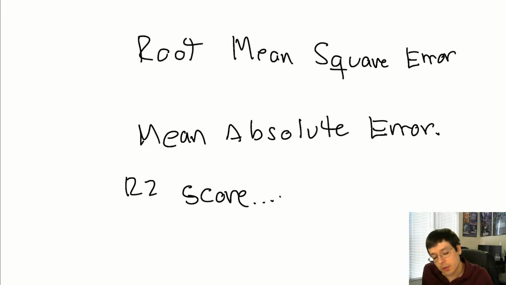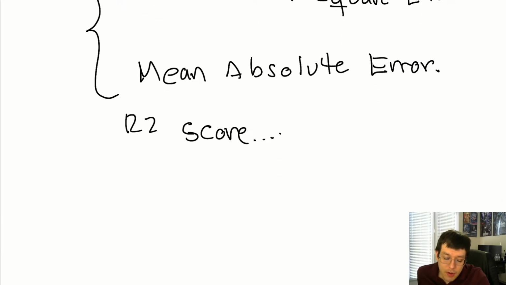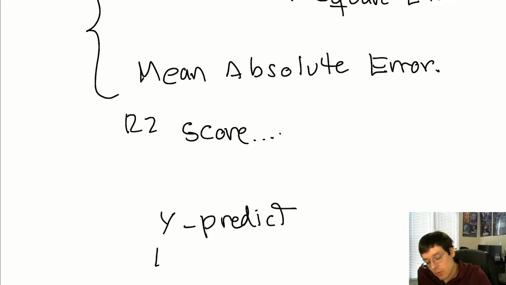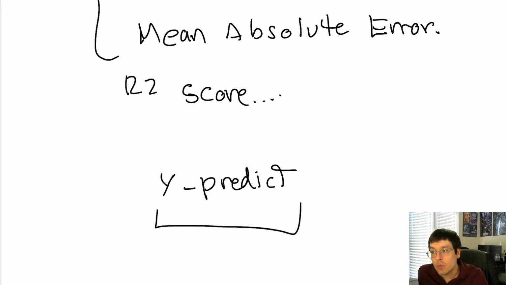So how do these work? I'm going to primarily focus on these two for now. So the mean square error, and this is called root mean square error because once you get the mean square error, you take the square root of that, but most people know it as the same thing, is the idea of comparing what the model predicts, which I'm going to call the y-predict, so what we get from a model, to what the correct answer is.